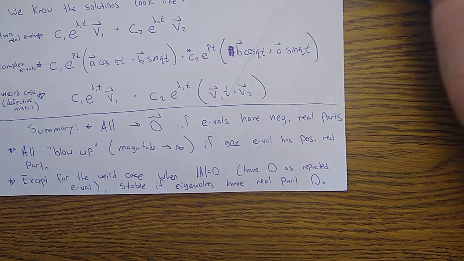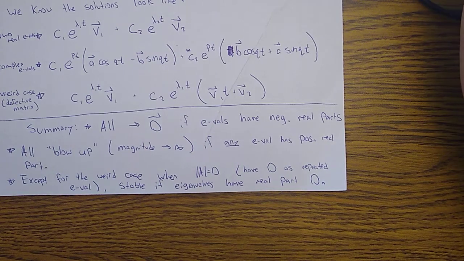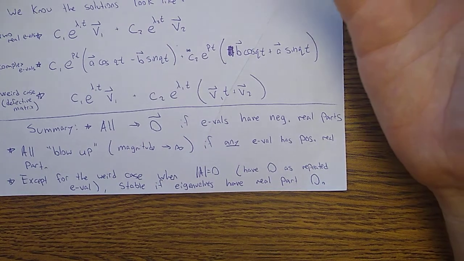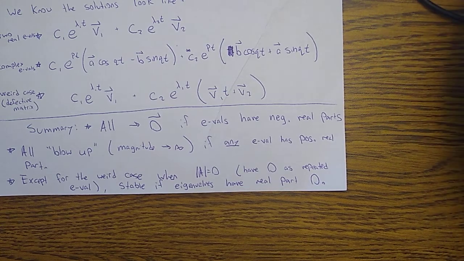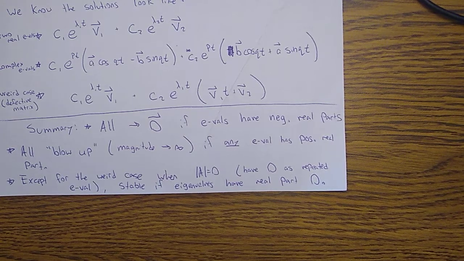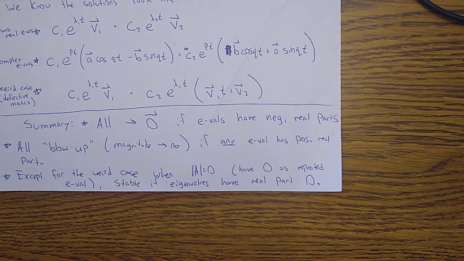If you think of your matrix as like a random matrix, for a 2 by 2 matrix, you can think of its eigenvalues as essentially two random numbers. It's extremely unlikely that either of your two eigenvalues would be 0.